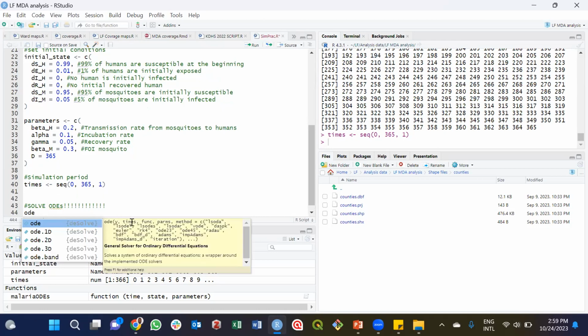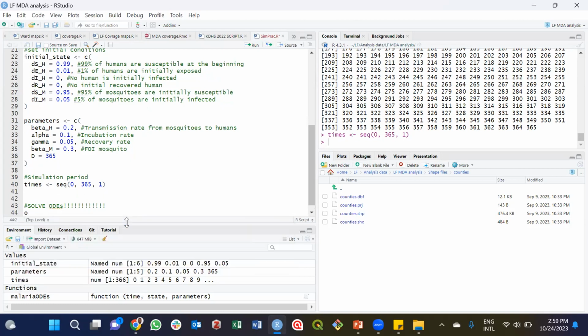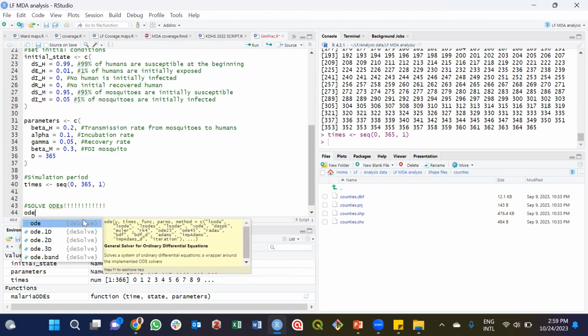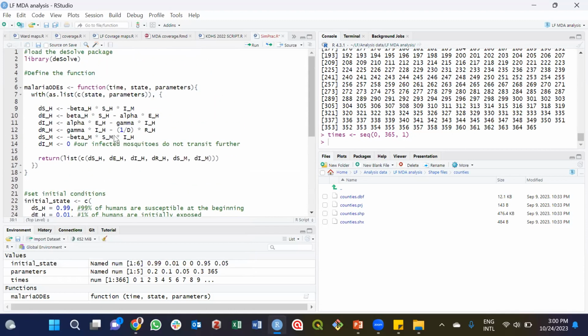As you can see, from the moment you write ode, R will show you what it wants. It wants the y, which we'll have as our initial states, the S, E, I, R, S of M, and I of M. And then it wants the times, which we already have. And it wants the function. We've already created our function. Here it is.